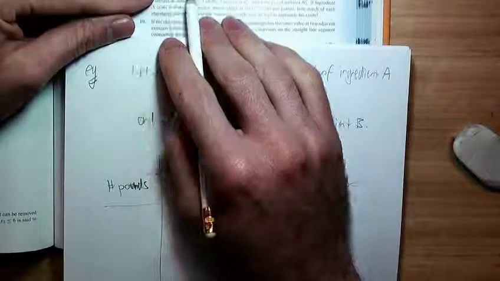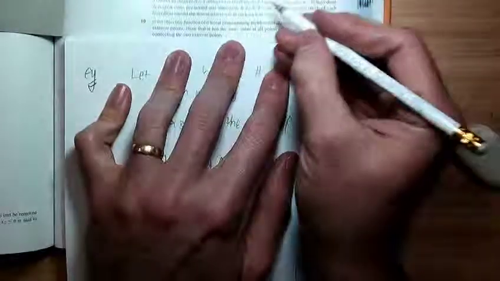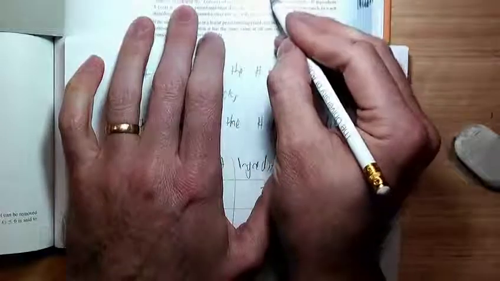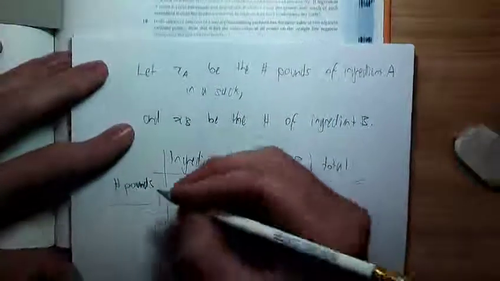Each sack contains 10 ounces of nutrient N1. And we don't have the nutrient N1 listed here yet. Okay, so if I'm going to figure out how much of nutrient N1 there is in total, I'm going to need to know how much there is in each pound of ingredient A. So I need to find that information. Here we go. Each pound of ingredient A contains 2... Okay.